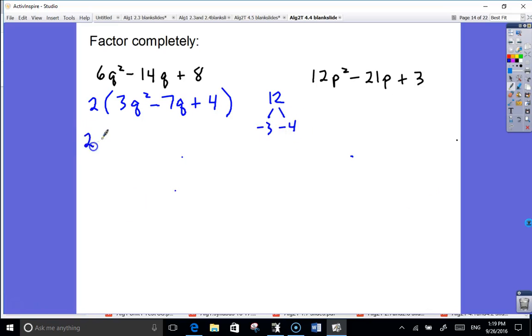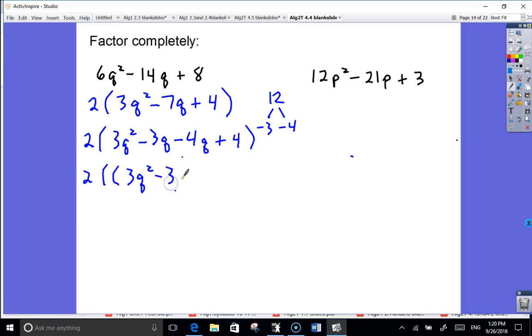So this is 2 times 3q squared minus 3q minus 4q plus 4. Group: 3q squared minus 3q, minus 4q minus 4. Factor.